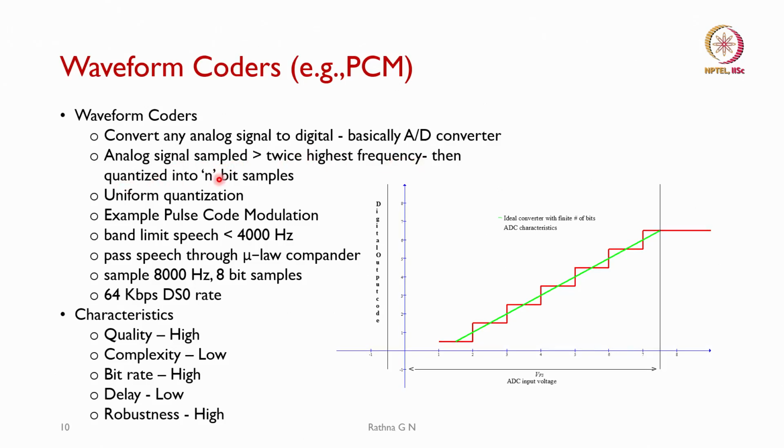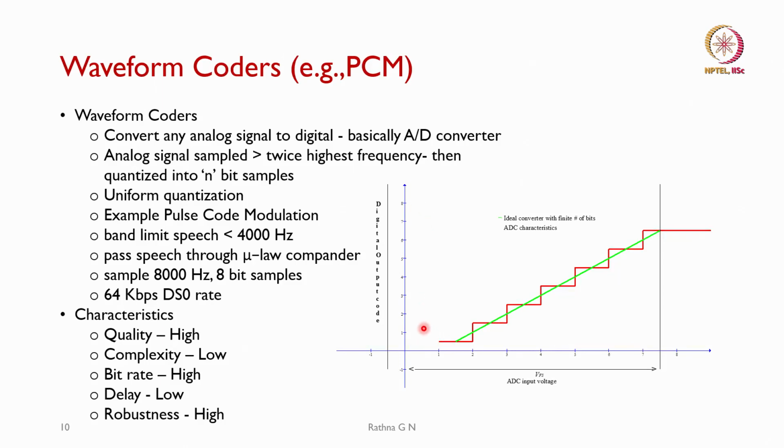Then we are going to do the quantization into n-bit samples. When we studied the number system, we saw how many bits I am going to use to represent my input signal. Speech coding is going to have the same thing. What we want to represent is in a linear way, depending on the number of bits.